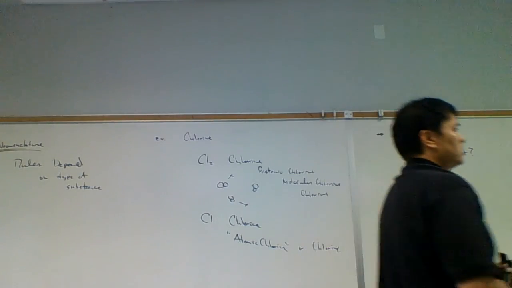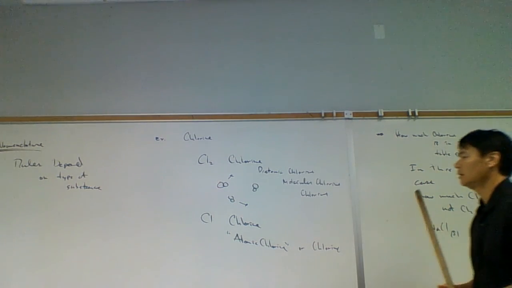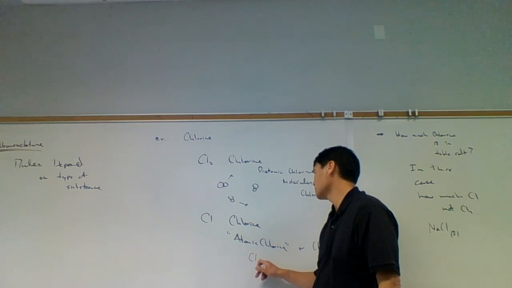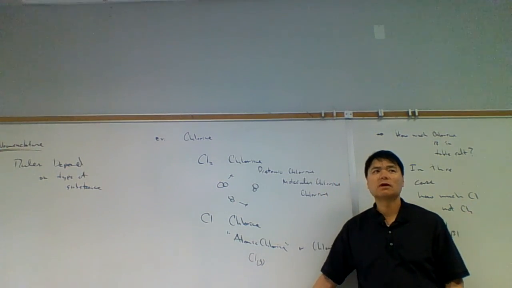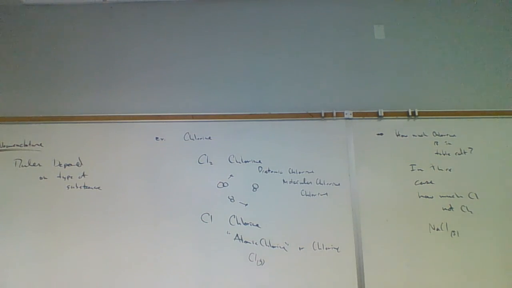And so to answer your question, we have molecular chlorine like this, and then we have atomic chlorine. Atomic chlorine is usually thought of as chlorine gas. Normally when people think of atomic chlorine, they're thinking of taking this diatomic chlorine and splitting it apart, either through violent collisions or some other way, and breaking the atoms apart.